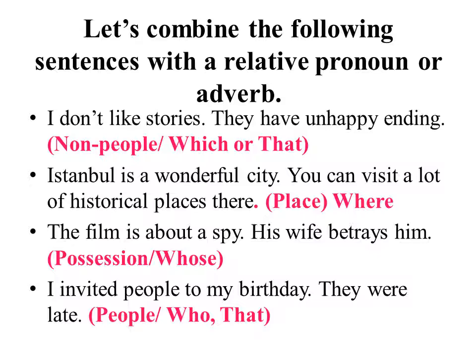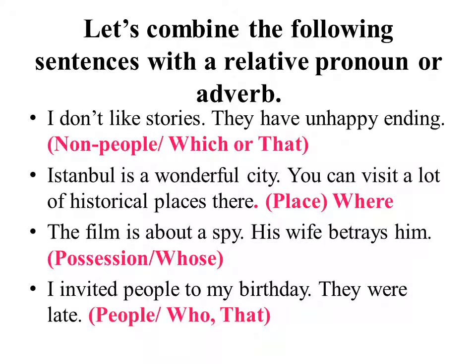Now let's combine the following sentences with a relative pronoun or relative adverb. It depends on the sentence, or it depends on the subject and object of the relative clause. I don't like stories. They have unhappy endings. So here, of course, we're not talking about people. We're talking about non-people. So I'm going to use which or that. So how do we know?